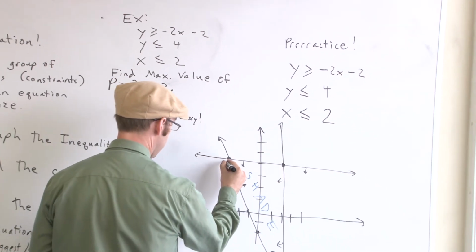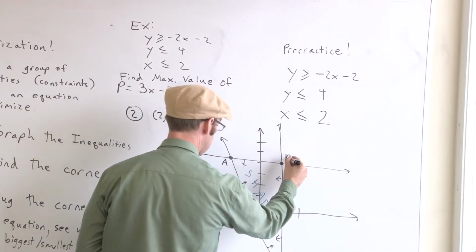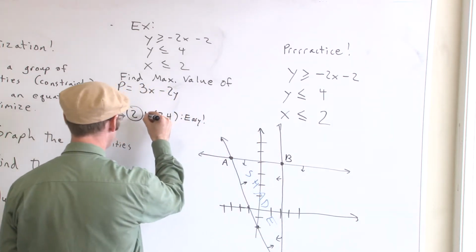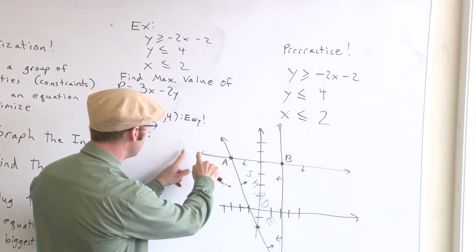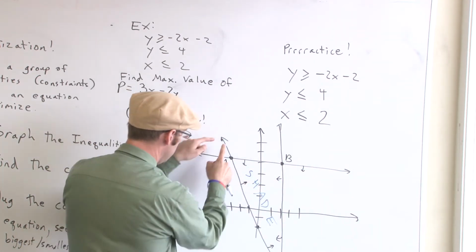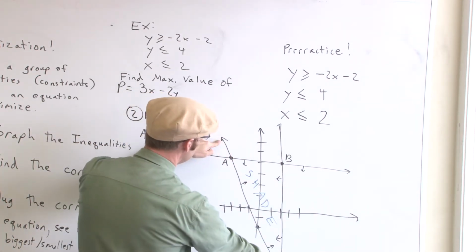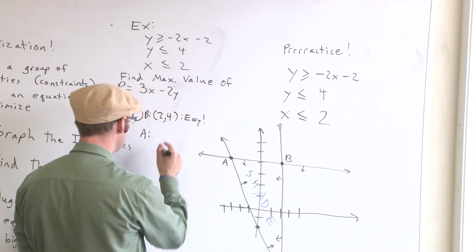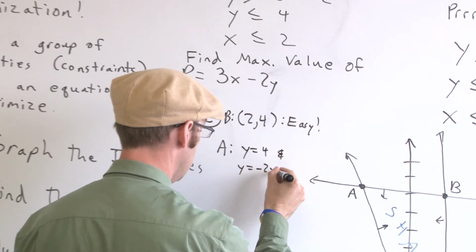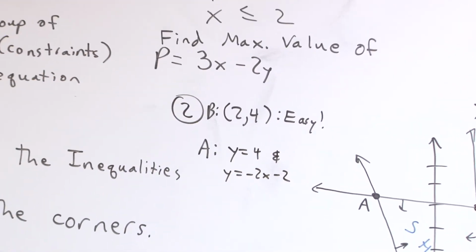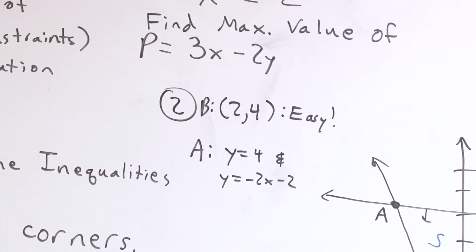So let's call this guy A, B, and C. So B was easy, but A, I need to find where the line y equals 4 intercepts the line y equals negative 2x minus 2. I need to find where those two lines intersect.